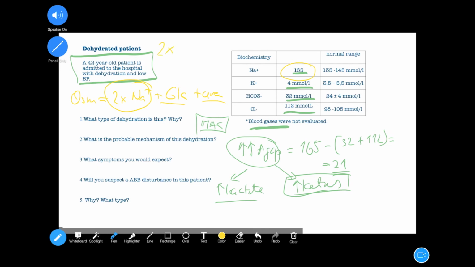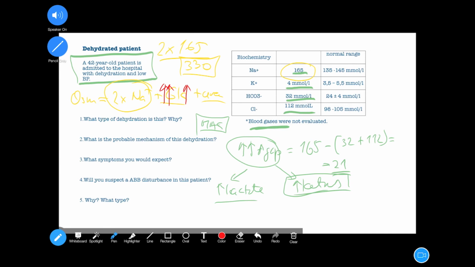And 2 times 165, that's very high. It's 330. And this is what you wouldn't ever expect in case of increased glycemia. Because if you had diabetes, you would have really high glycemia, and that would already trigger ADH release, which will try to push the osmolarity towards 300 or a bit lower.